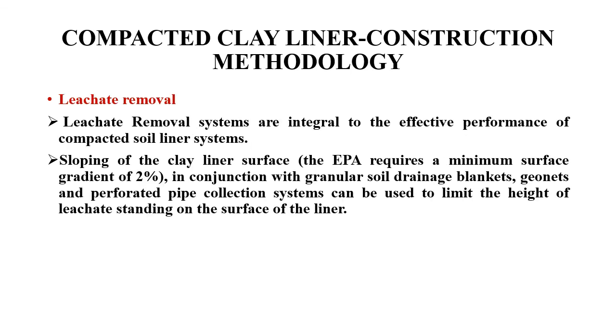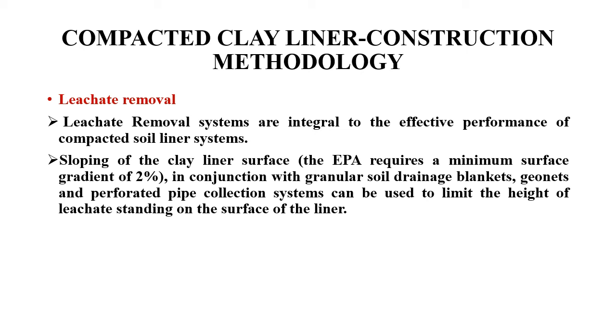So next is leachate removal. Basically, we're going to talk about the efficiency of leachate removal systems within the liner systems. Within the liner system, you will have a barrier layer as well as a leachate collection and drainage layer. When you're constructing the barrier layer, you have to construct it in such a way that it facilitates natural drainage of the leachate without allowing it to pond over the barrier material.